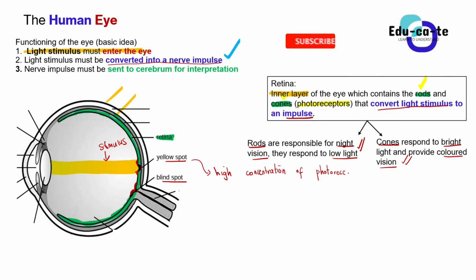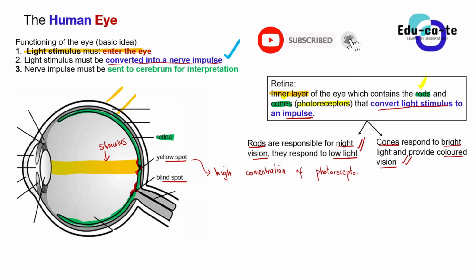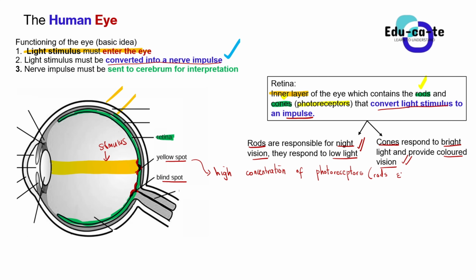It means that at the yellow spot, there are a lot of rods and cones. So when you go to the yellow spot of the retina, at this position here, this is the spot that has a high concentration of photoreceptors.